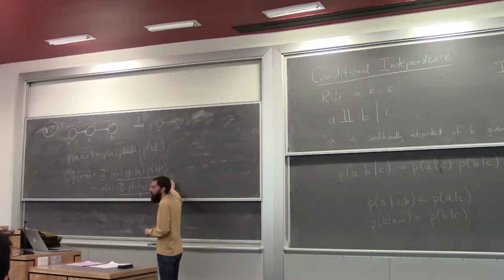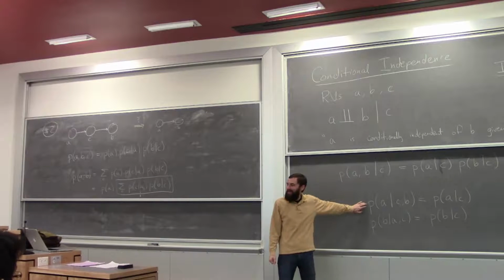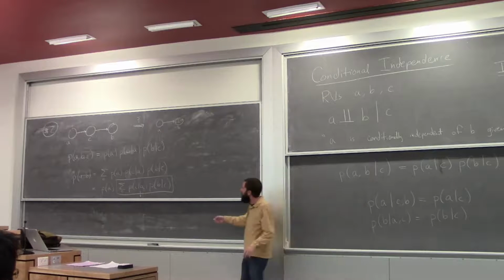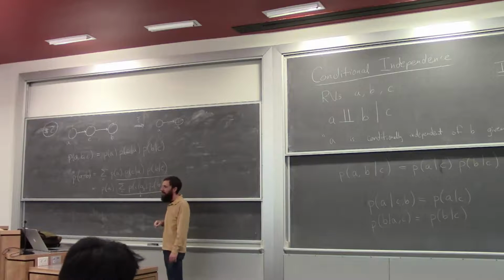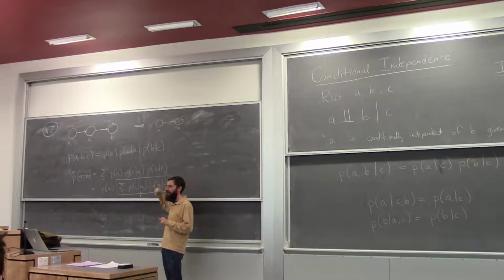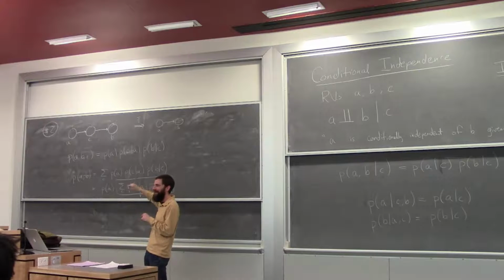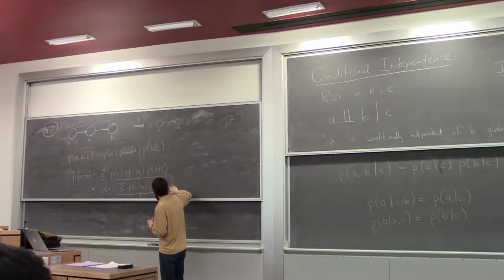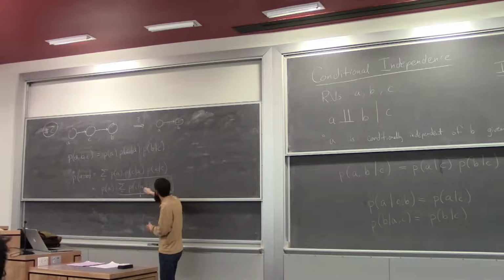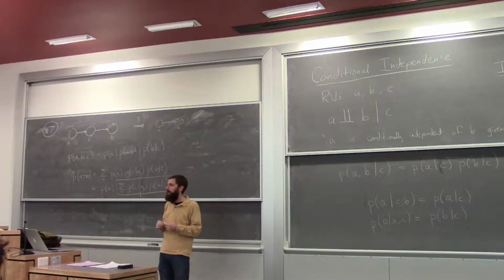Putting an A in here requires exactly this. What I told you last time was that we snuck in an A here, and I said we can do that because there's conditional independence, which I will tell you about next time. So actually what we did last time was not a real proof, because it depended on the step that we're going to do now. But without that, you can see there's no way this is going to reduce to P of B. It's not independent here.